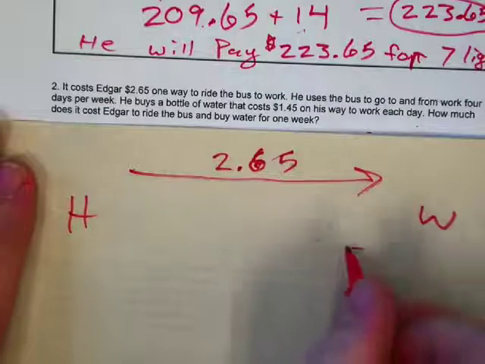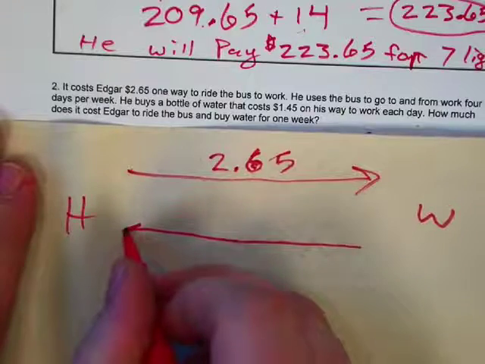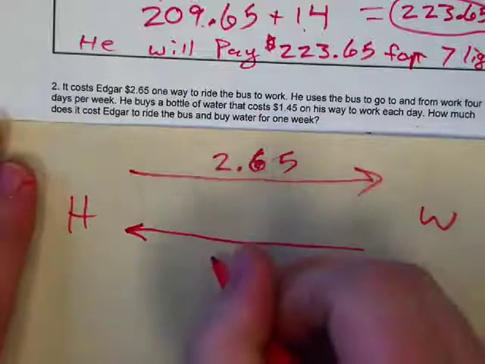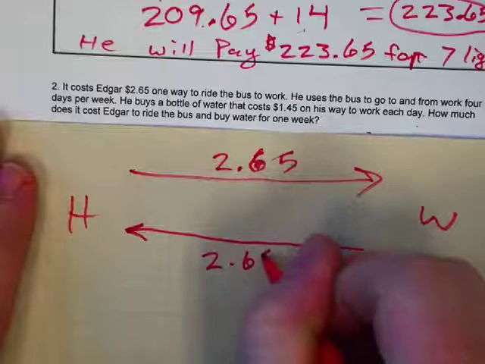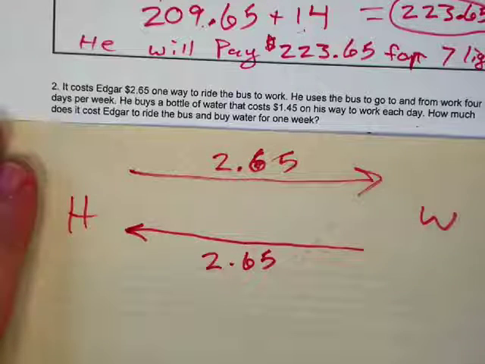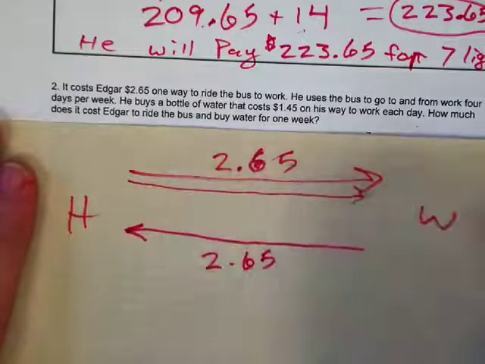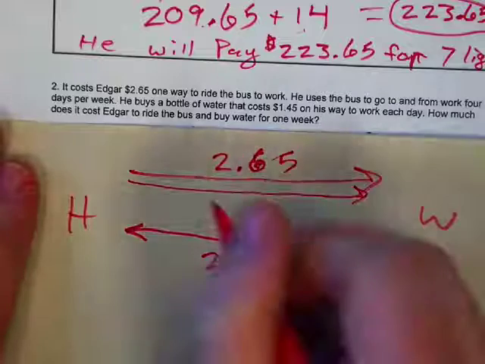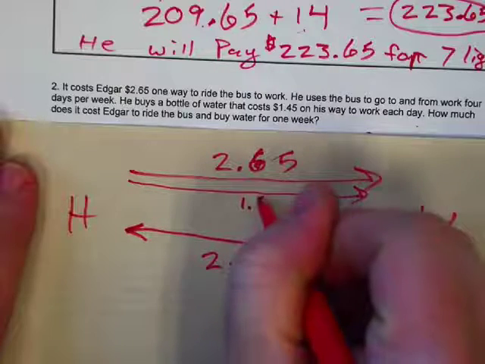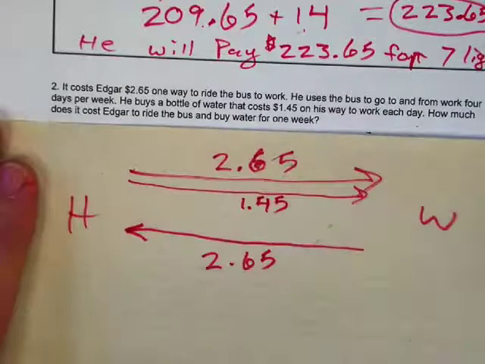And he's riding the bus home from work, and the bus still costs $2.65. So now we've got both rides on the bus. But in addition to that, he buys a bottle of water only to work, and the bottle of water costs $1.45. He does not buy one coming home.